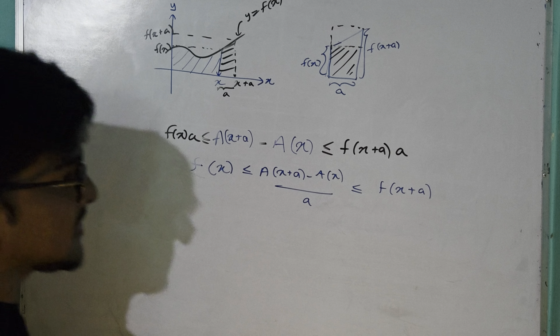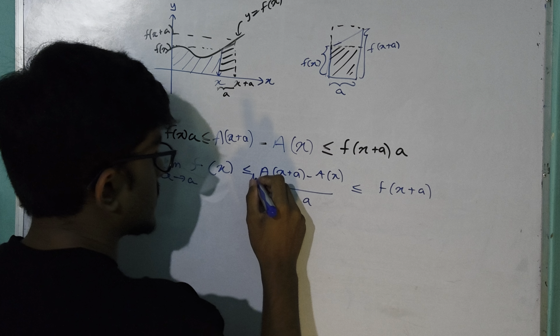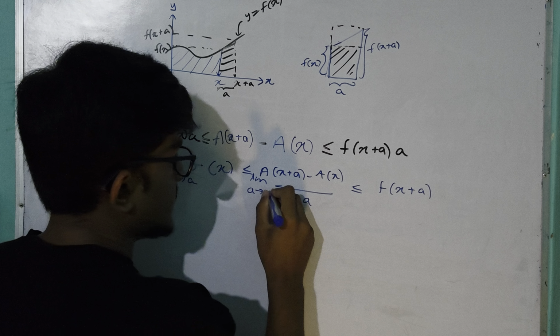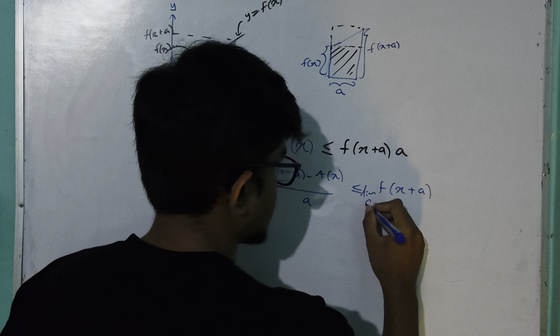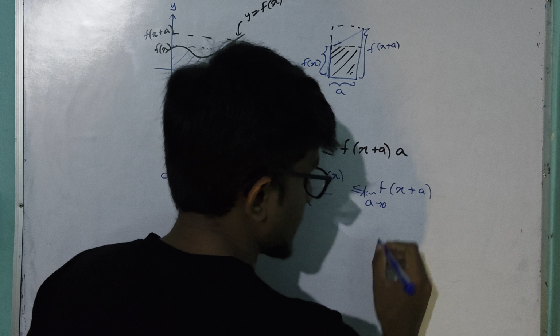Now I'm going to set a limit, the limit as a approaches 0, across the expression like so. Now if we apply the limit, nothing happens over here, so we can just write it as f of x.